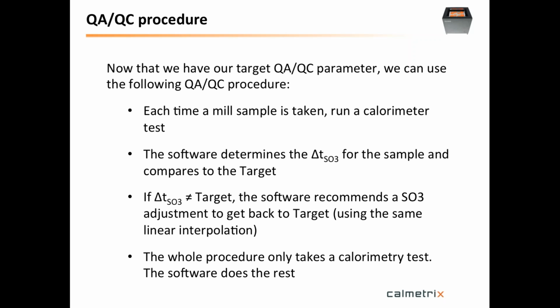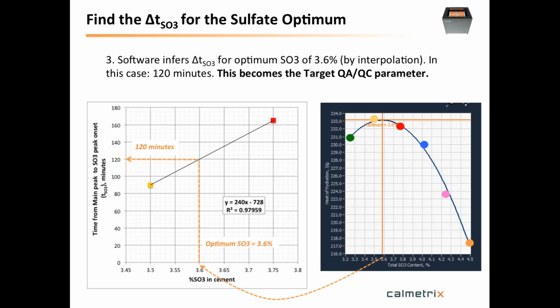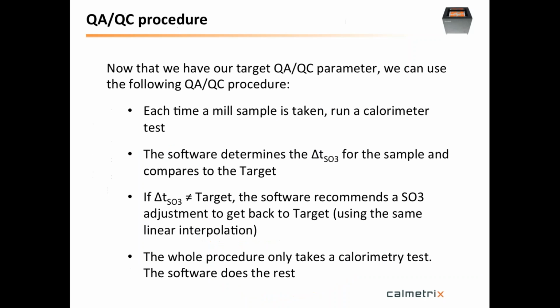Now, the good thing about all this is that looking up those times between the main peak and the onset of the sulfate depletion peak, drawing that linear interpolation, and finding what it would be for the maximum sulfate, you don't have to do it. Our software does that. The only thing you have to do is run the test and prepare the sample. That's 3 minutes of work, and then load the curve on the computer, which takes another 2 minutes. The software does everything else.